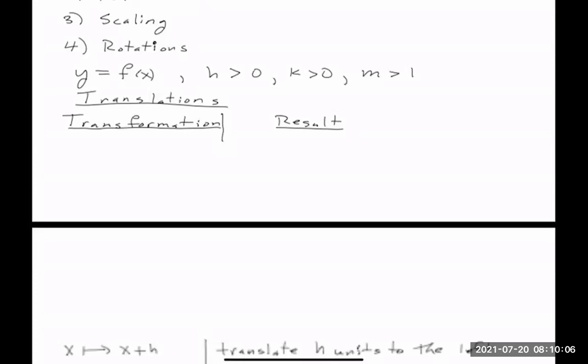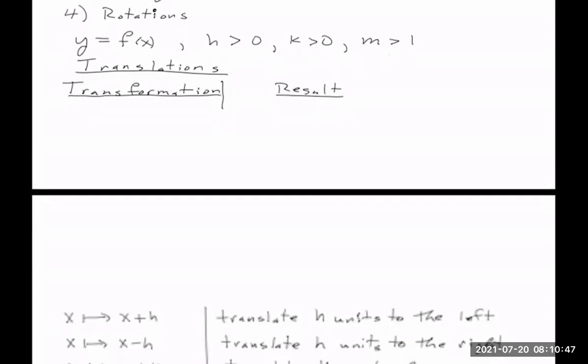I'll assume that h is greater than 0 and k is greater than 0, so I can make some definite statements about the direction.